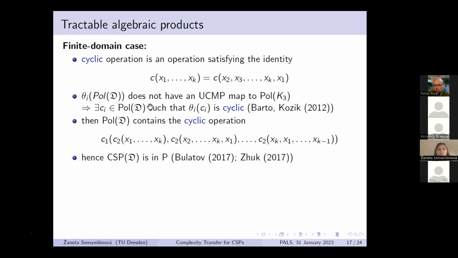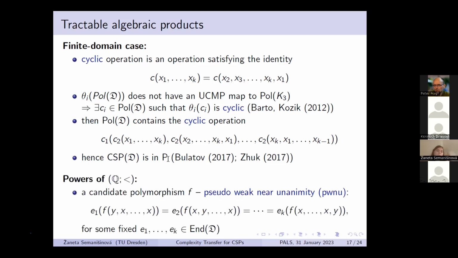And from these operations, if we are not hard in any of the coordinates, we have C1 and C2 in the first and second coordinate, and we can compose them in this way, and the result will be cyclic overall. And this by results of Bulatov or Zhuk implies that the CSP is tractable. So for the finite domain case, we really know that tractable plus tractable implies tractable.